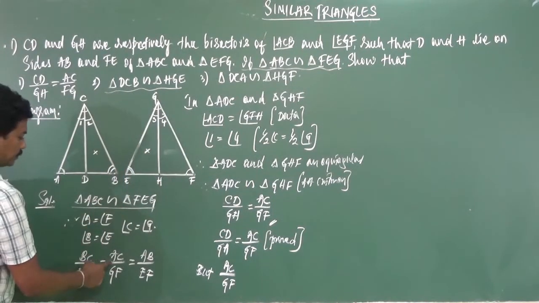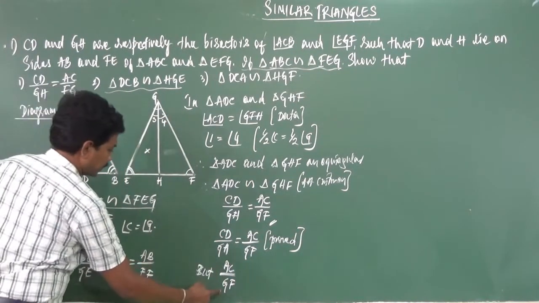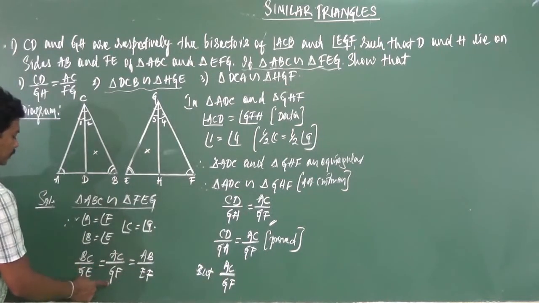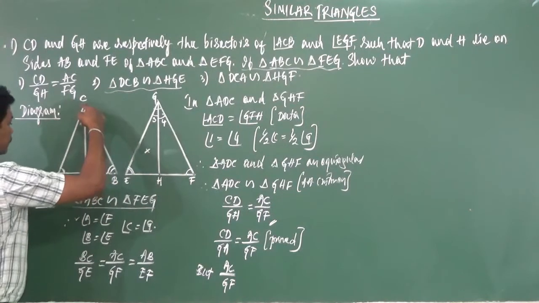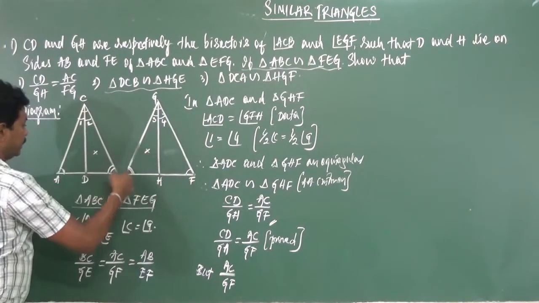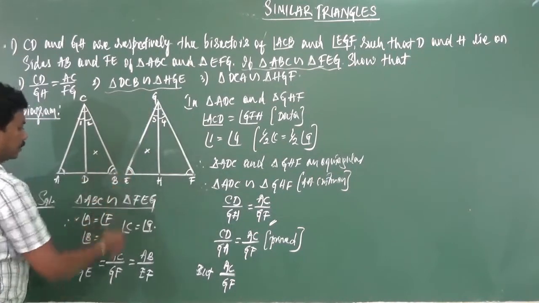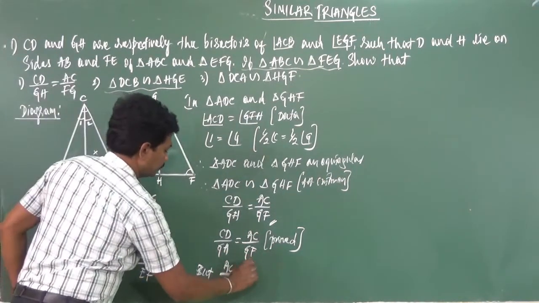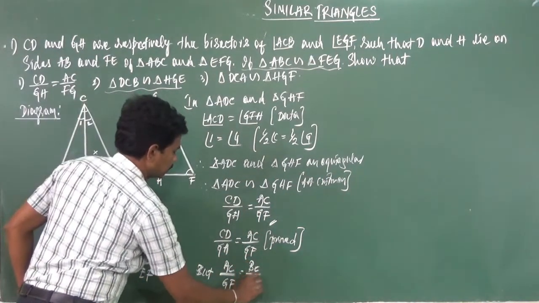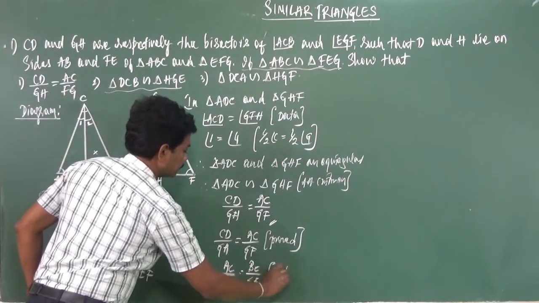Here it is there, AC by GF, the ratio we are having here, is already equal to BC by GE, that is here. AC by GF is equal to BC by GE according to the data.